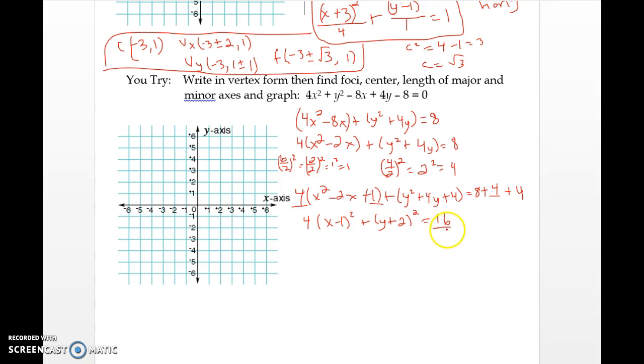Your last step, your equation has to equal 1, so divide everything by 16.